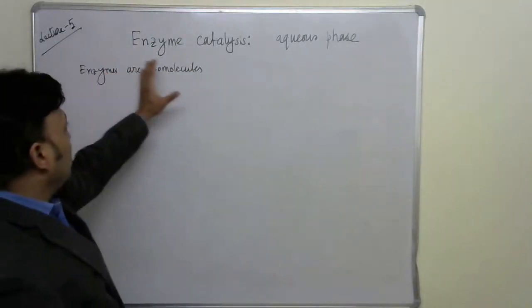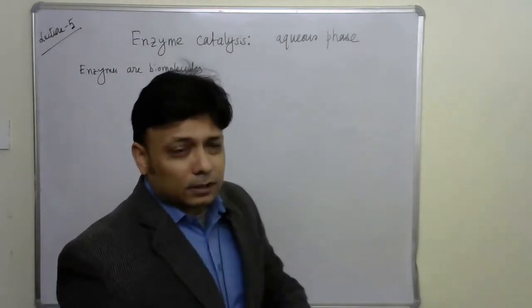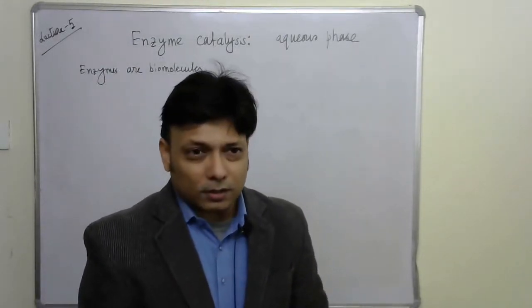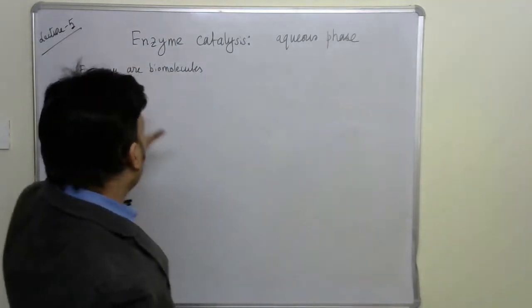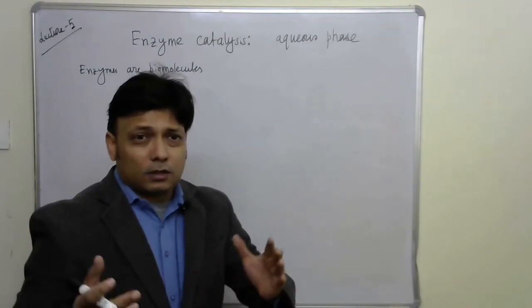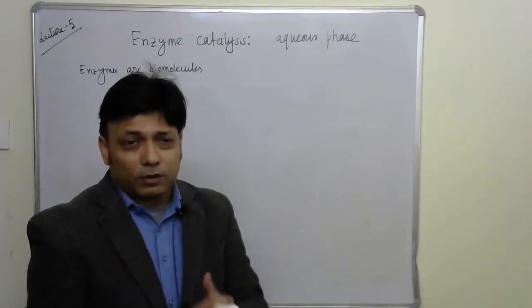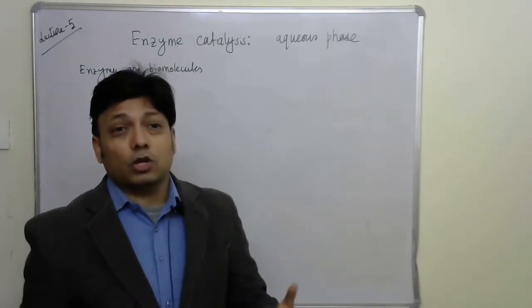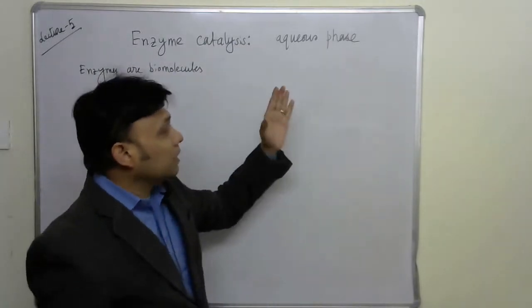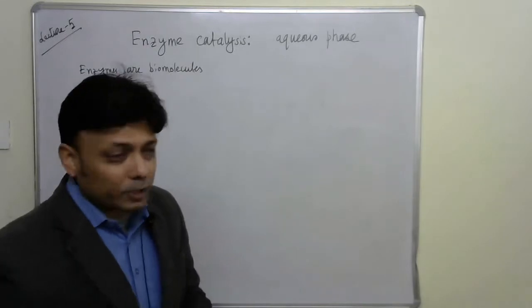So probably you all know that in a living organism the majority part is water. So when we talk about enzyme catalysis, it undergoes within a living organism, for example the human body. So it is basically a homogeneous aqueous phase reaction.